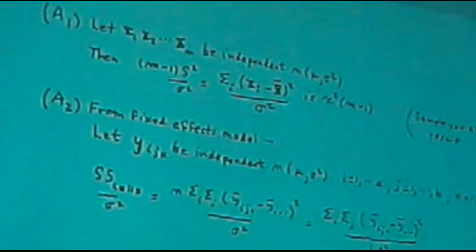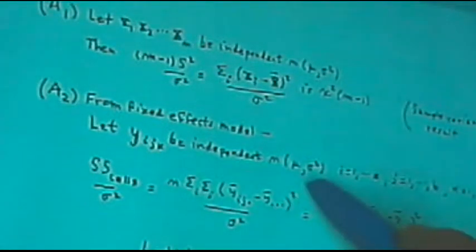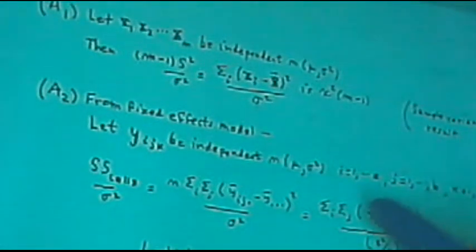Let's see how. So we're going to look at a fixed effects model, Yijk, independent normal mu sigma squared. I goes 1 to A, J goes 1 to B, K goes 1 to n.